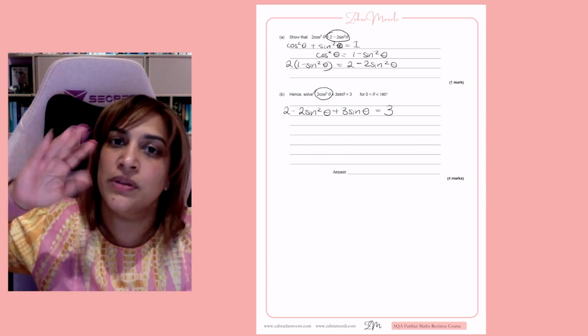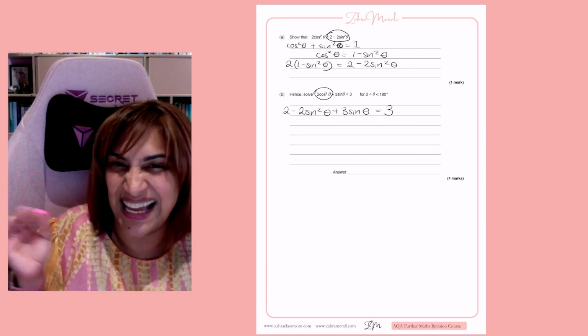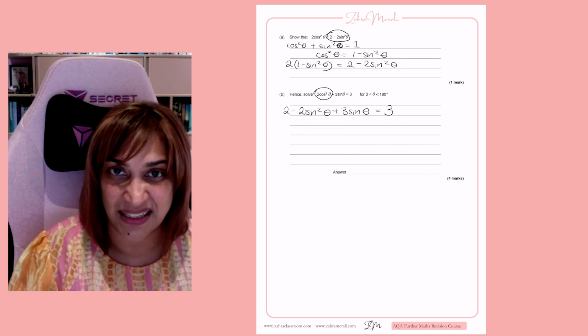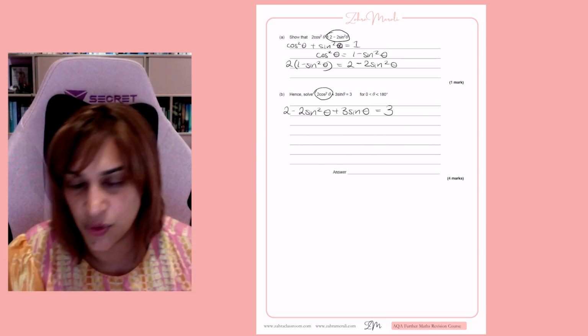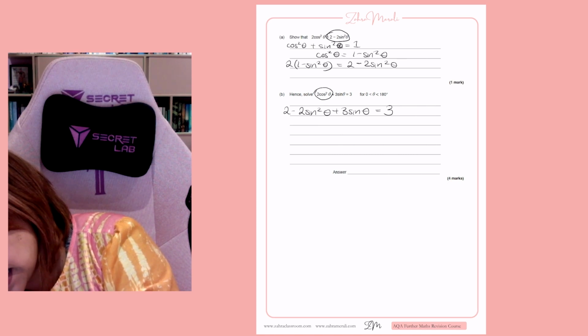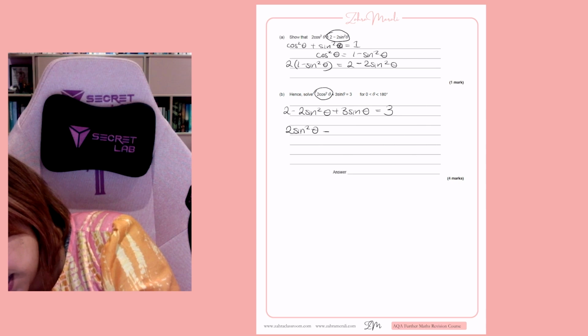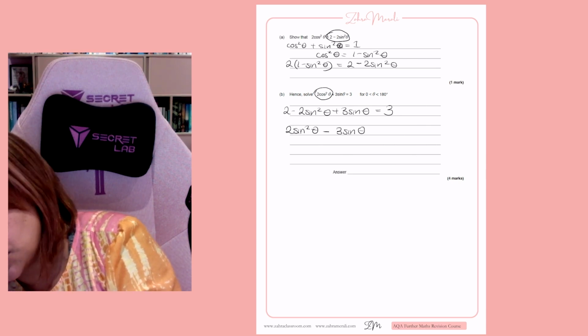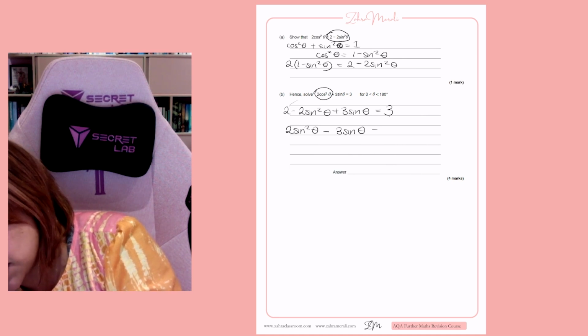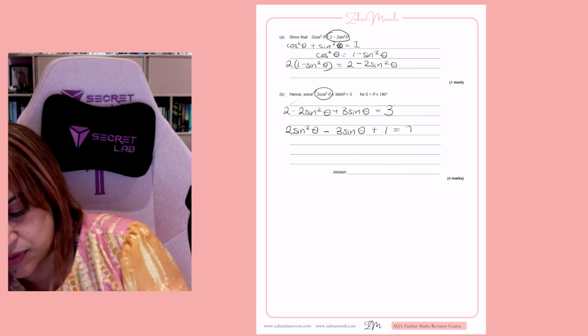It's like the equations that you factorize, and it's hidden with the sines in there. So we get 2 sine squared theta minus 3 sine theta, 3 minus 2 is 1, so plus 1 equals 0.